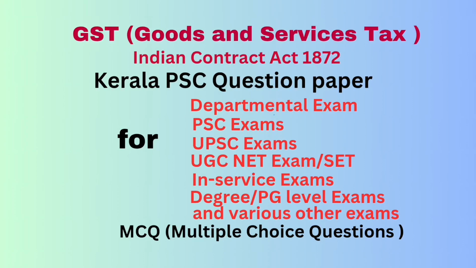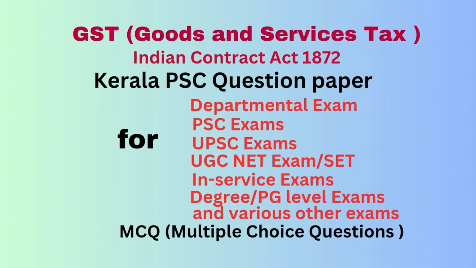Question number 76. A contract is dash merely because it was caused by one of the parties to it being under mistake as to a matter of fact. Answer: not voidable. Question number 77. An agreement enforceable by law is called. Answer: contract. Question number 78.